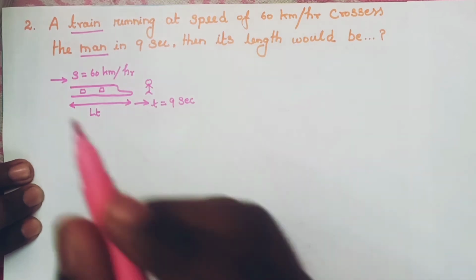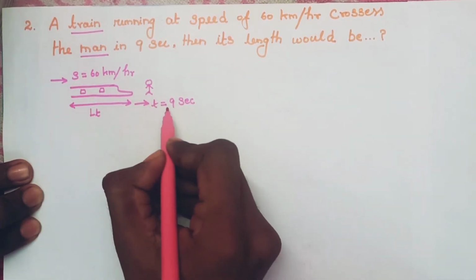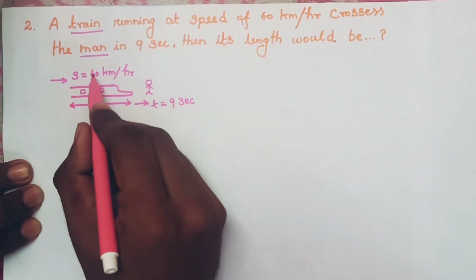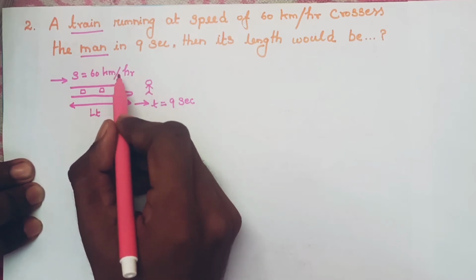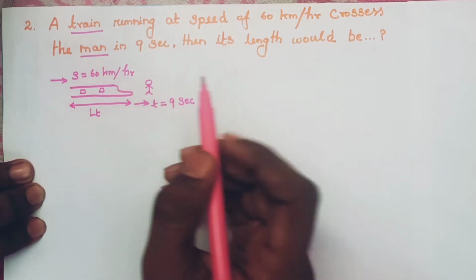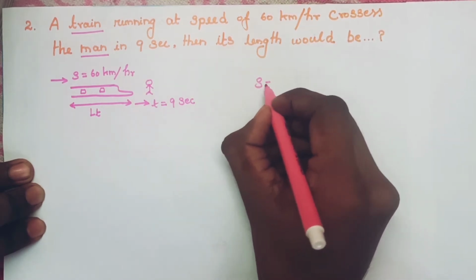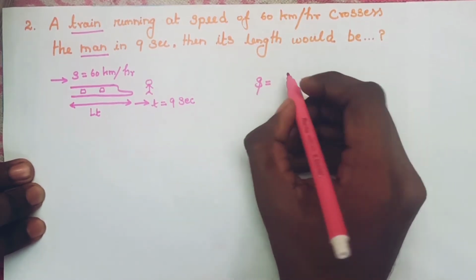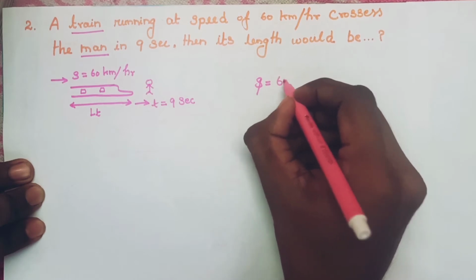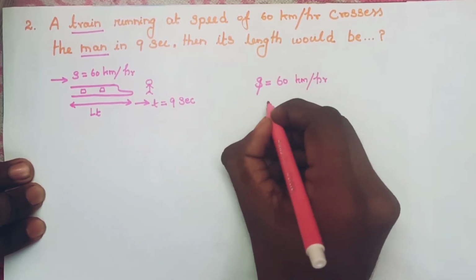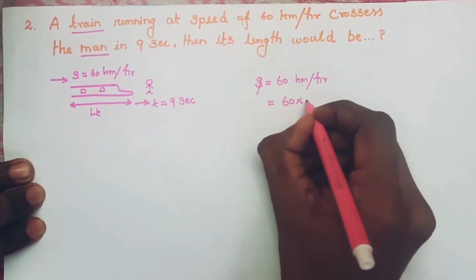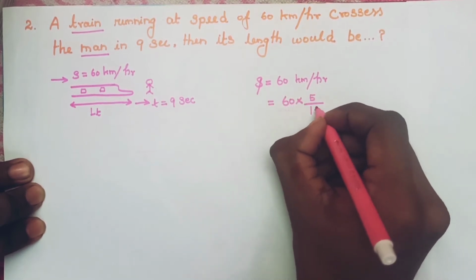And just listen. Here time they have given in seconds, but speed they have given in kilometer per hour. You have to convert it from kilometer per hour into meter per second. Speed equal to 60 kilometer per hour. 60 just multiply with 5 by 18, right?